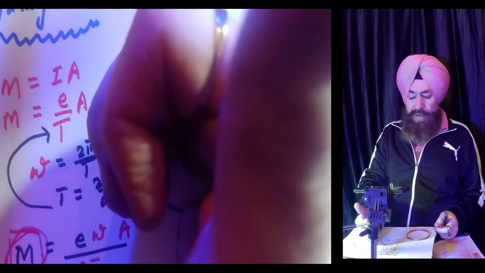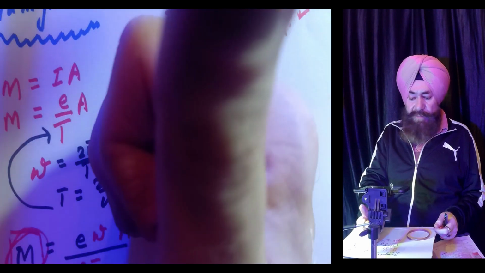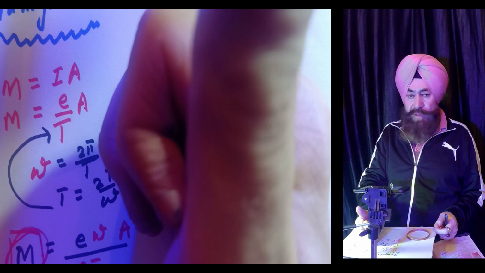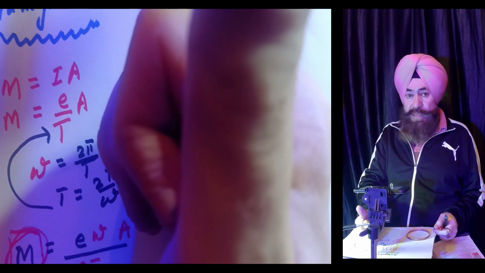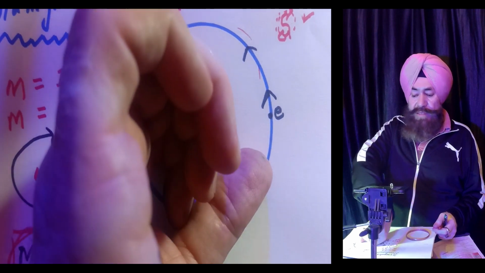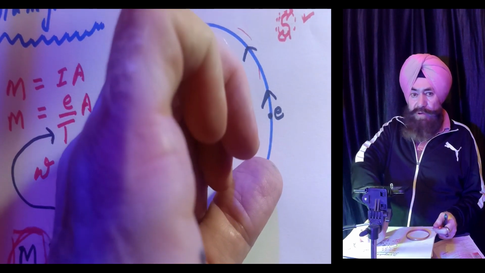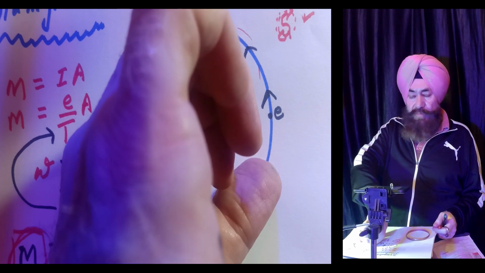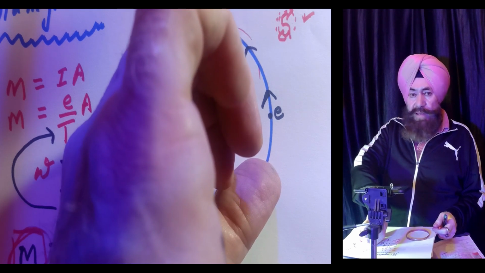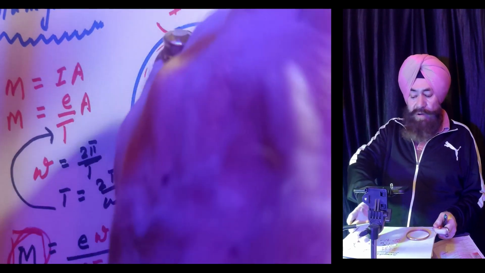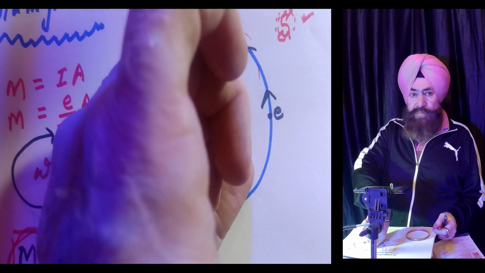If the current is anti-clockwise, it is out towards the reader, meaning out of the paper. If the current is clockwise, curl your fingers clockwise, the direction of the magnetic moment will be away from the reader or into the paper.